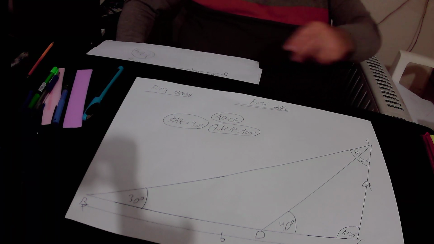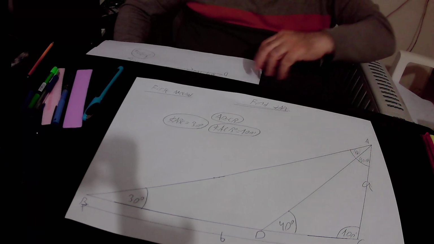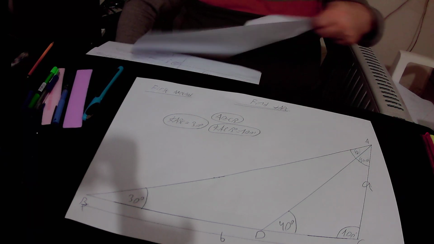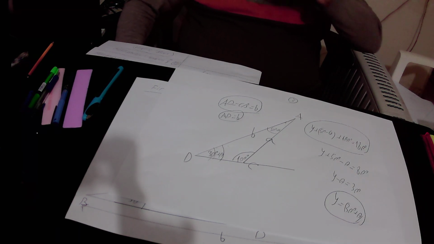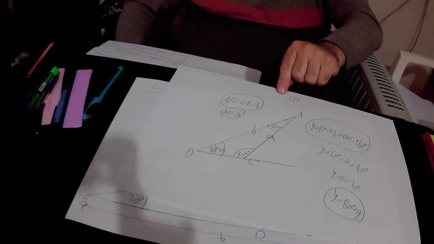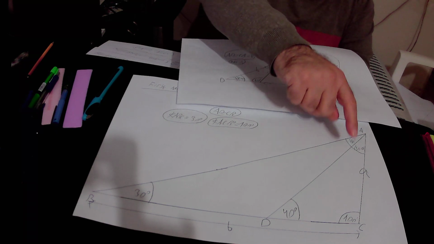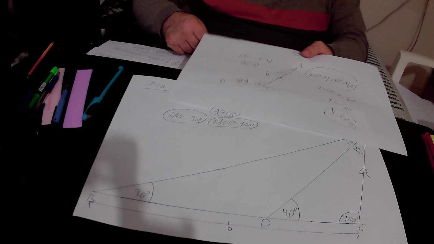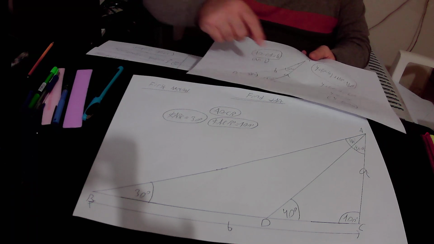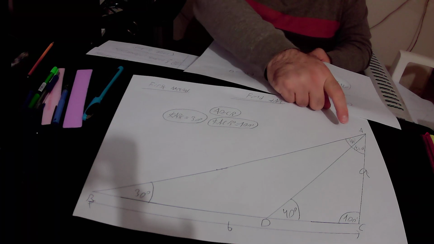Then I copied triangle ADC in a new page, and we analyzed triangle ADC. Here this is triangle ADC, and we know that this angle ACD equals 100 degrees, and we already found out that angle BAC equals 50 degrees.